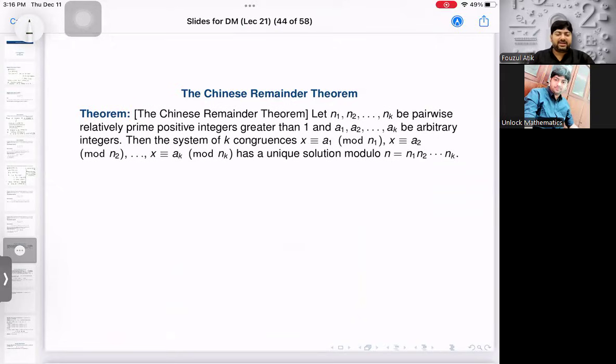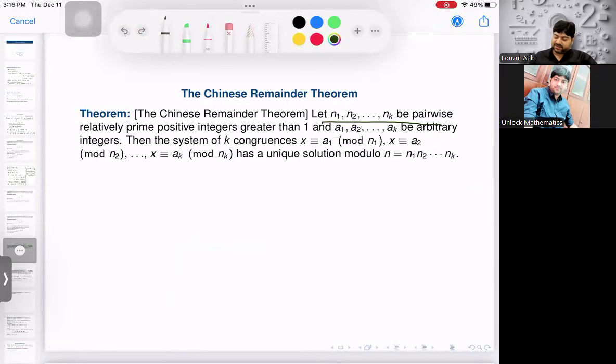Theoretically, you may feel it is a bit difficult because of the language, but when I solve the example, I think it will be very clear.